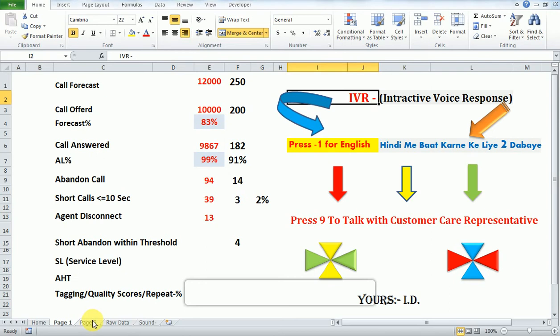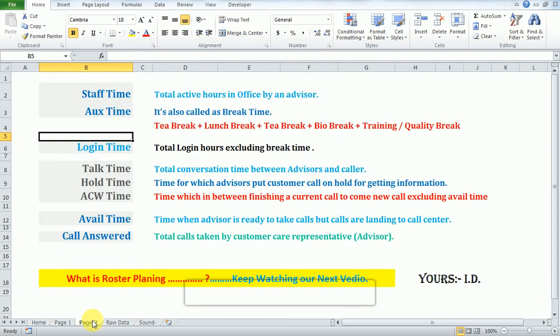The customer care executive is connected to you, gives you the welcome opening, and answers according to your query. So what happens after that? How much time has he talked with you, and what is his office timing bifurcation?